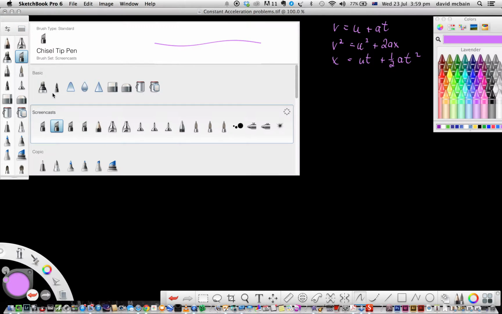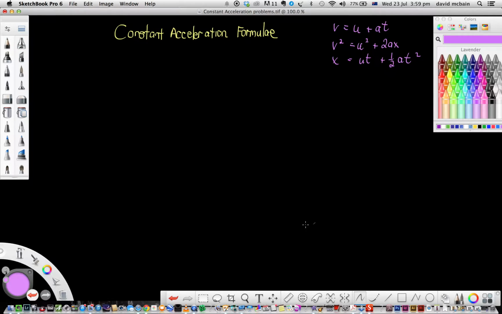Okay, now the first problem we're going to look at is one where we've got a person throwing an object up into the air. So let's draw a picture.